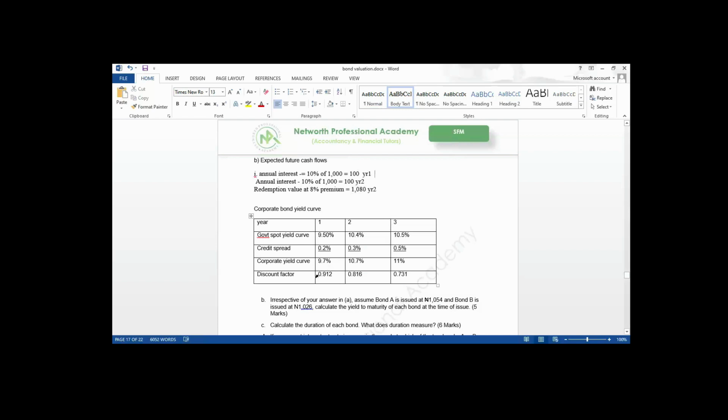The present value for year 1. Look at my cash flow.